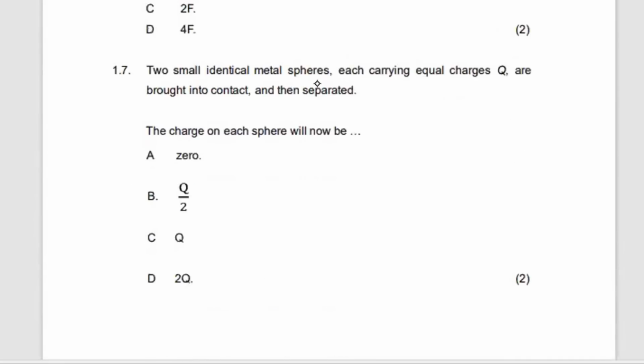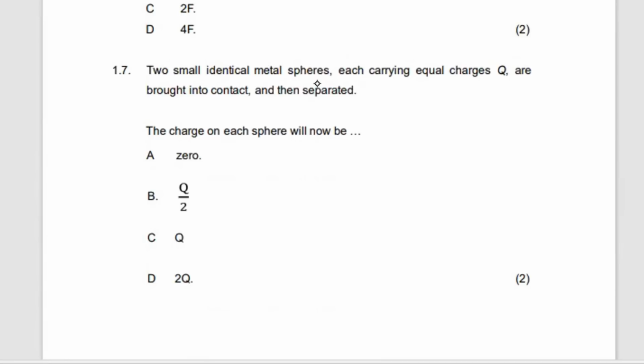1.6. If object X exerts a gravitational force F on object Y when the distance between the centers is r, and the distance is now halved, which of the following represents the force? Now we know that the force is inversely proportional to the square of the distance.